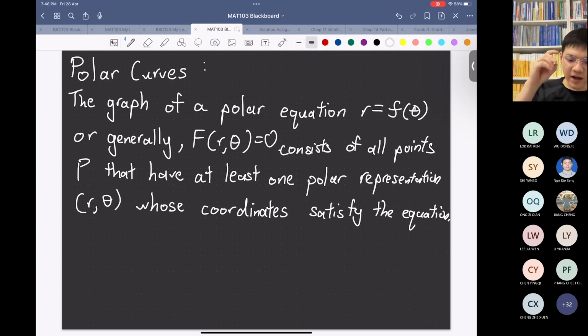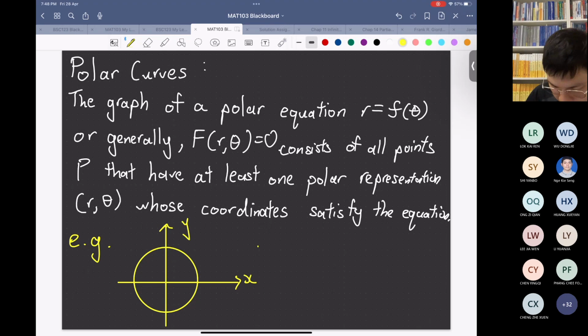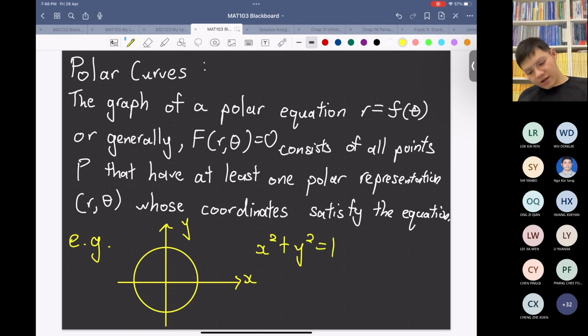Just now we had trouble, from last week, or was it this week, describing, for example, the unit circle. If we write it as a function of xy, we say x squared plus y squared equals 1. It's really not a function.